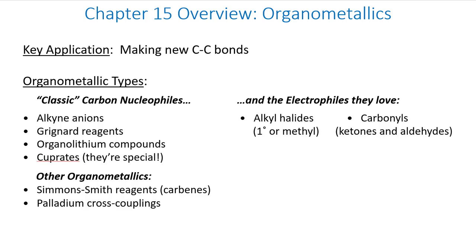The one we'll spend the most amount of time on is our classic organometallic nucleophiles, which include the alkyne anions that we talked about in Organic 1, the Grignard reagents, which is a carbon group with magnesium and a halogen, the organolithiums, which contain carbon anions stabilized with a lithium, and the cuprates, which use copper to stabilize the carbon anion.